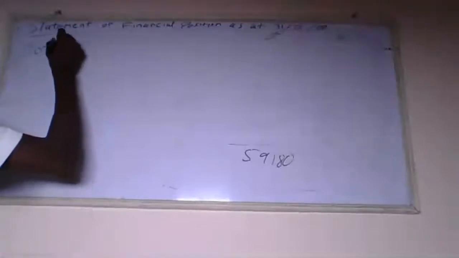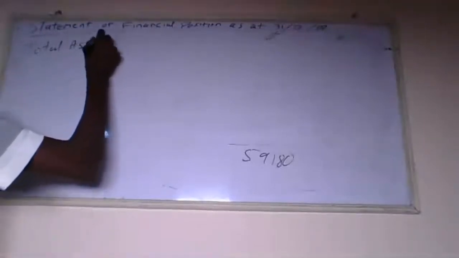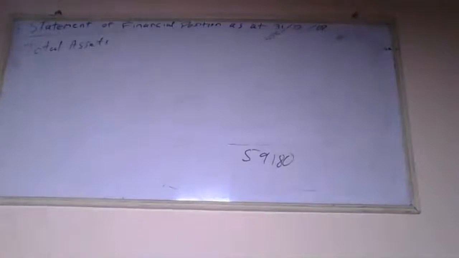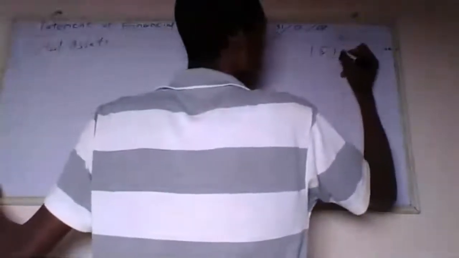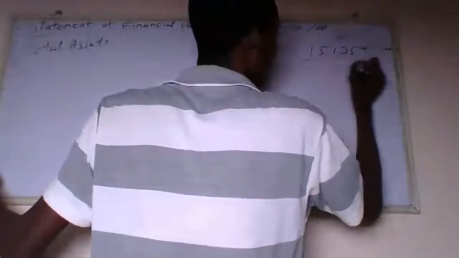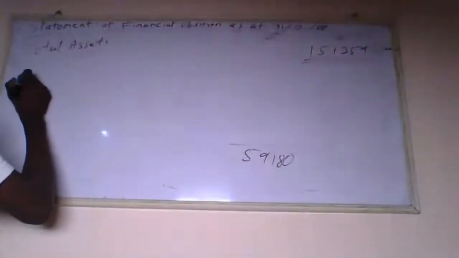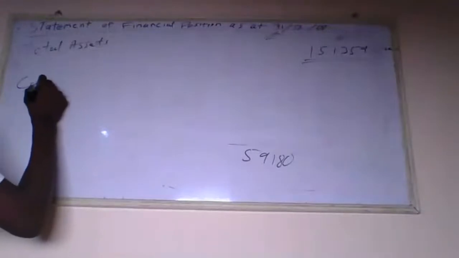Now, we know we already completed our total assets. This is our assets. Then we have our capital.